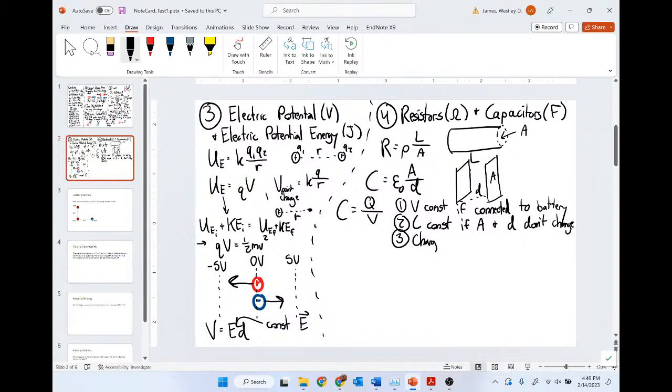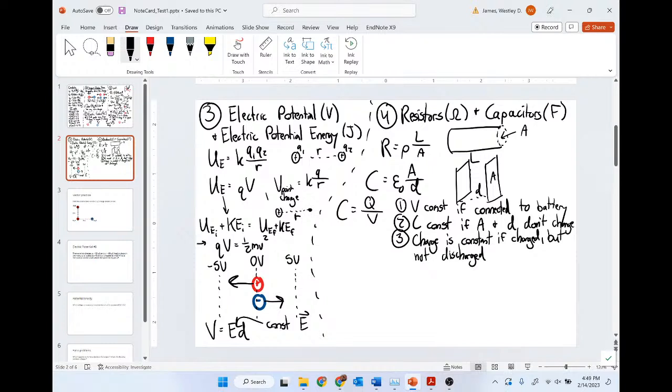Charge is constant if you charge it and then don't discharge it. If charged but not discharged. Okay?